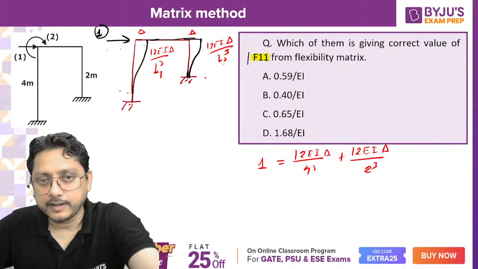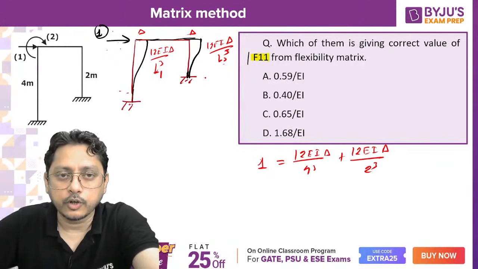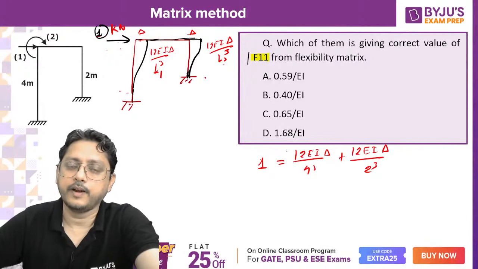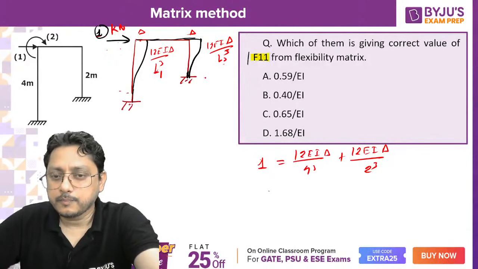If I'm producing a delta deformation due to the unit kilonewton load, 1 kilonewton I'm just providing here, right? Now calculate the delta from here.